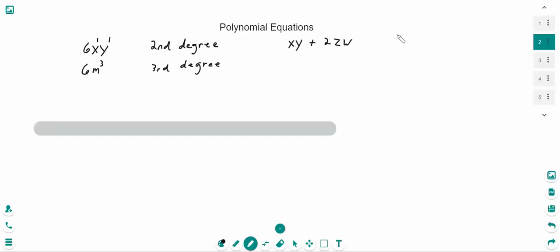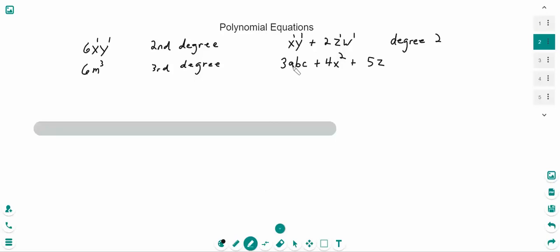What degree would it be in? Well, this would be in degree what? Degree 2, or second degree, right? Again, because we look at each term individually and we add up the exponents for the individual terms, and the most we end up with is 2. So the degree is 2. All right, and then maybe just one more. So if I have 3abc plus 4x squared plus 5z, what would be the degree of this polynomial?